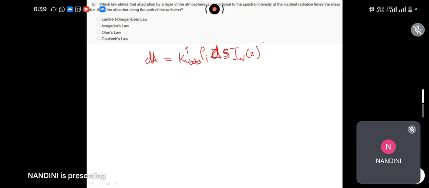So this is what the Lambert-Bouguer-Beer law states: proportional to the spectral intensity of the incident radiation, I nu of z, times the mass density, rho I, along the path of the radiation, ds. If we introduce a proportionality constant, it is dI nu equal to k nu absorption I rho I I nu of z into ds. So this is the Lambert-Bouguer-Beer law.